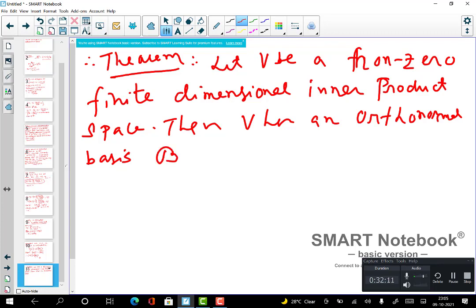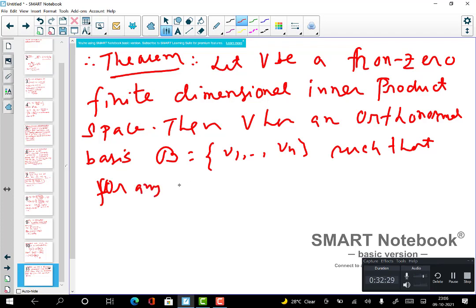So let me write down B, which is of the form v1, v2, ..., vn, such that any vector v of V can be written as the sum of the inner product of v with vi multiplied by vi, for i equal to 1 to n.